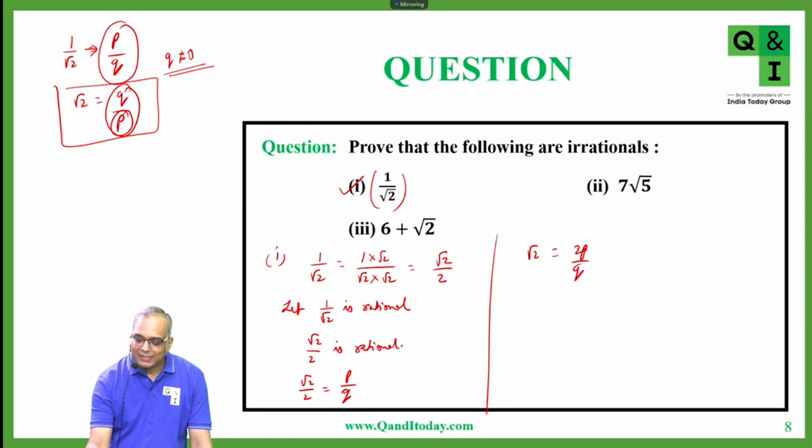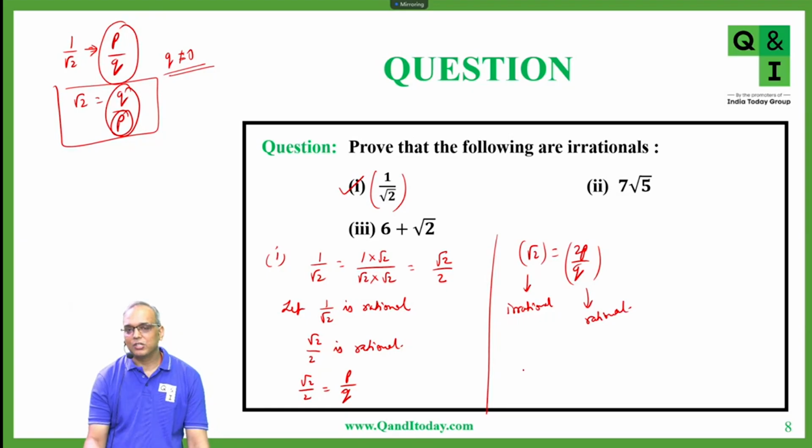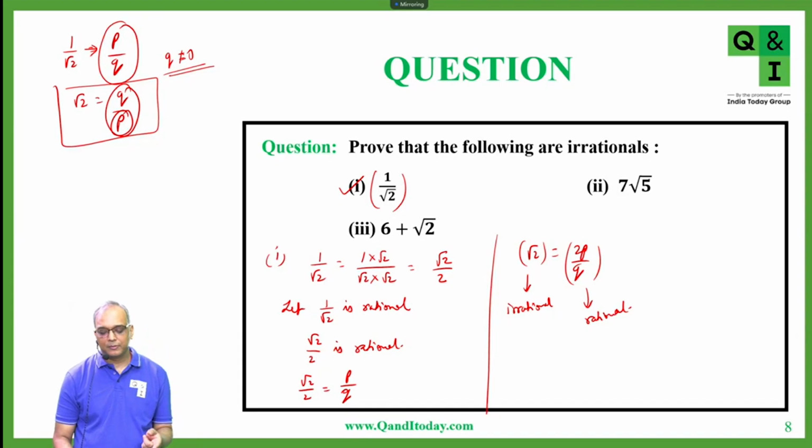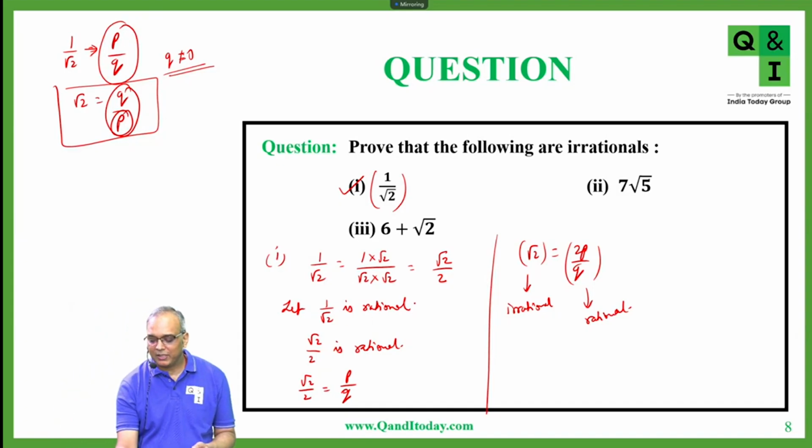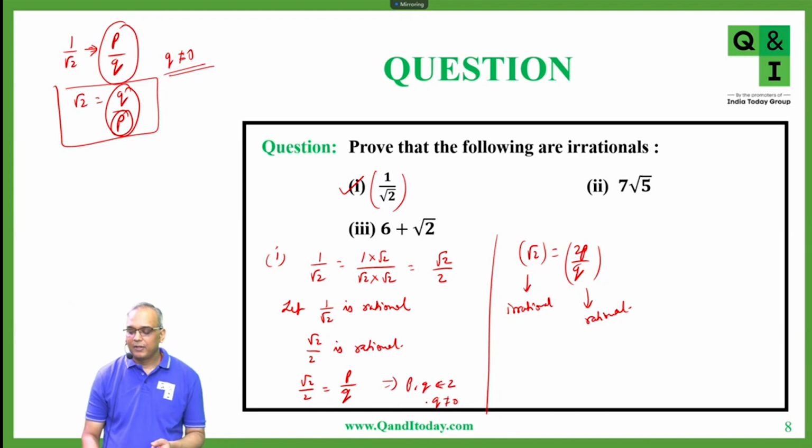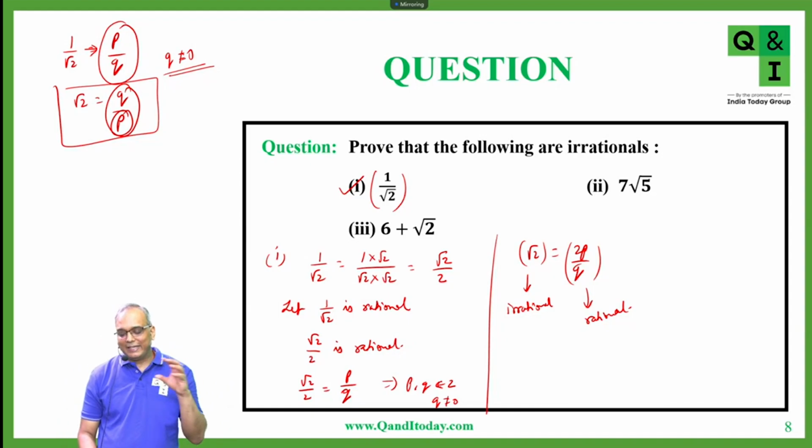Now see, left side, this is an irrational number and 2P by Q is a rational number, right? Why? Because 2P is an integer, Q is an integer, and Q is not equal to 0, right? Because we have assumed it to be rational. We have said that P and Q belong to Z and Q is not equal to 0. So we cannot equate an irrational number with a rational number, right?